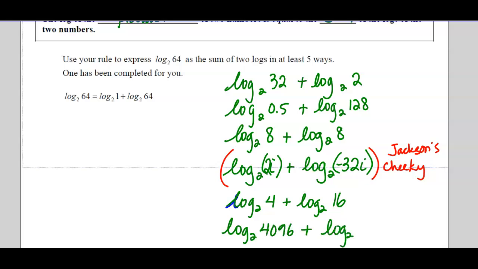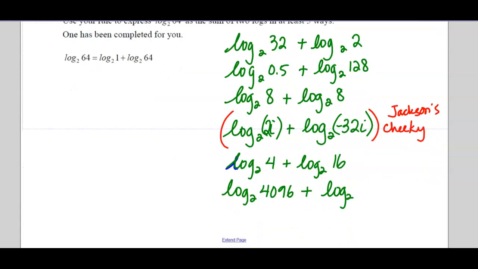So what would my argument have to be in this one if this was the first one? One over 64, right?